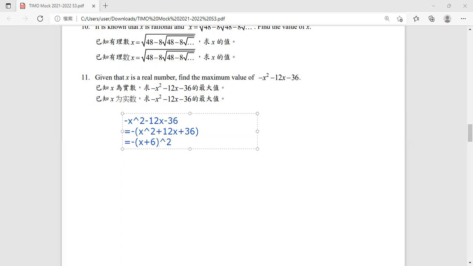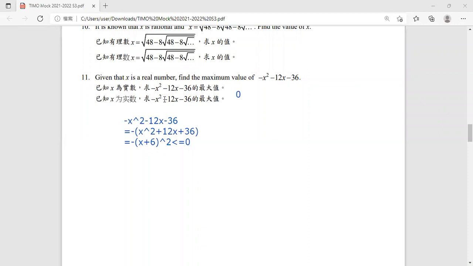A negative square must be smaller than or equal to 0, so the maximum value is 0. Finish.